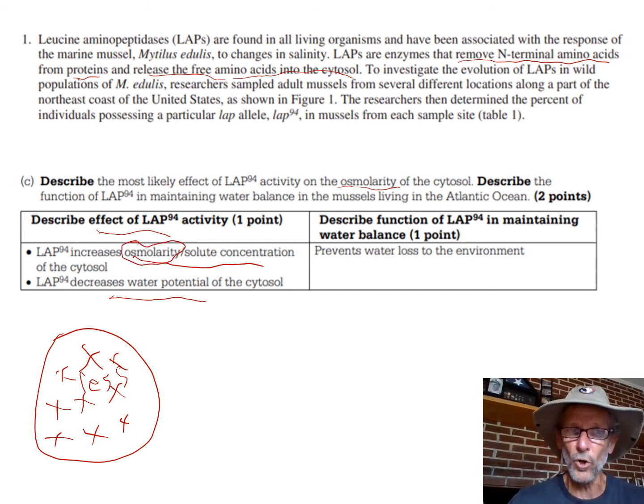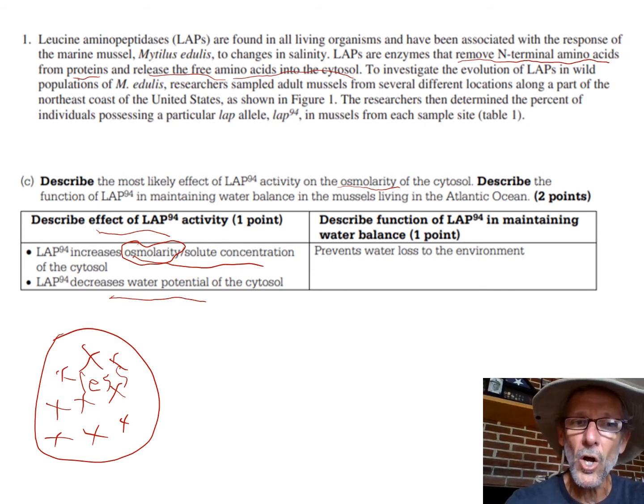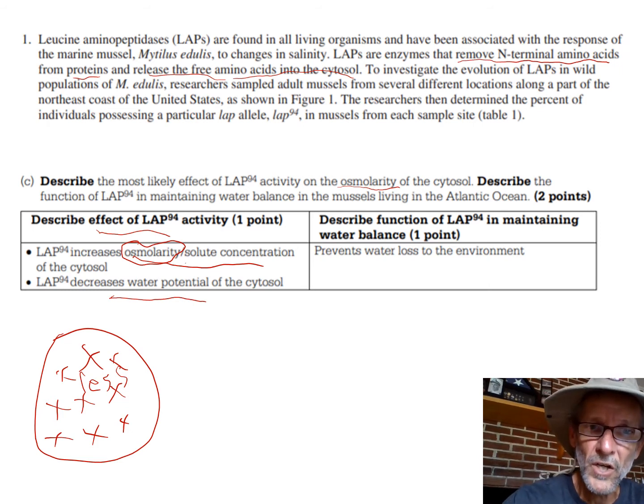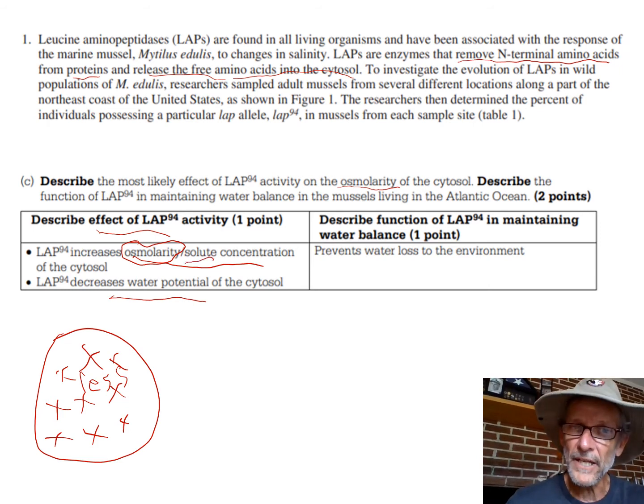Here's another thing about this. Osmolarity is a tricky word. Osmo lends your mind to think of water. Osmolarity is not water concentration, but solute concentration. Just like the adjectives hypo- and hypertonic, they always refer to solute concentration, from which you can deduce the water concentration, but they always are solute.